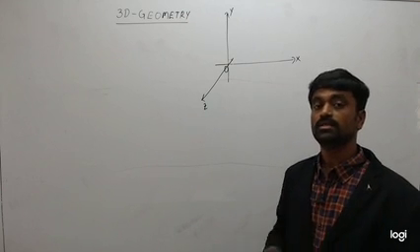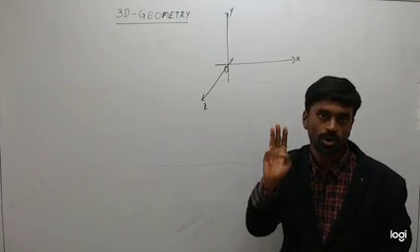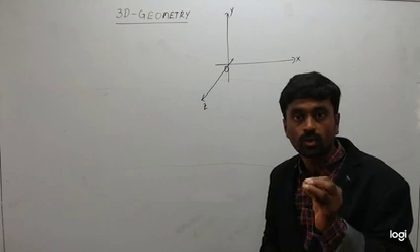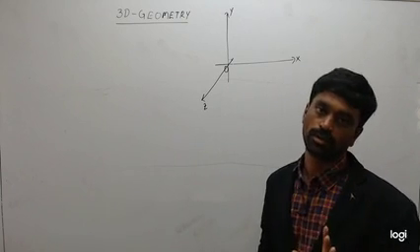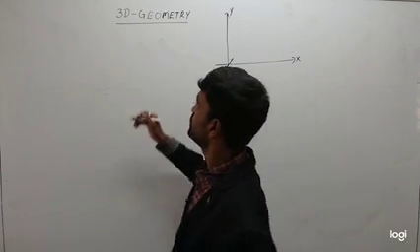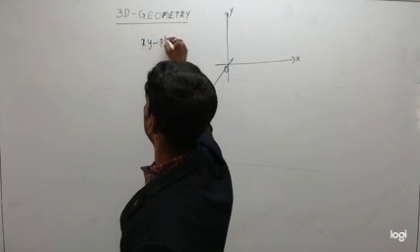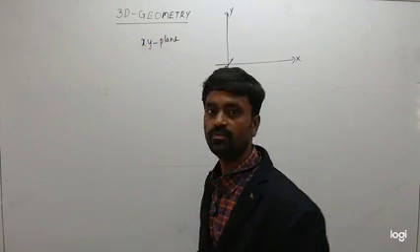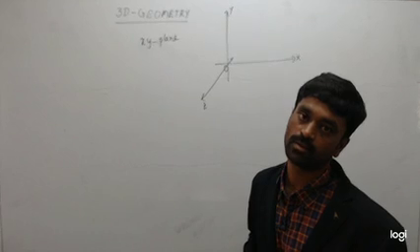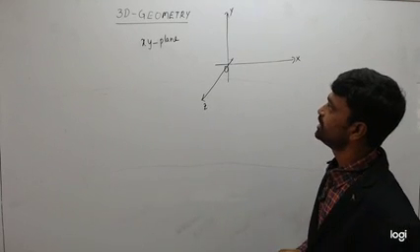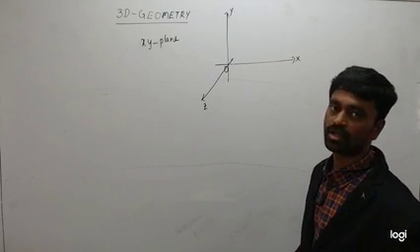These three lines form three coordinate planes, and those coordinate planes are mutually perpendicular. And what are those three mutually perpendicular coordinate planes? XY plane, that means the plane which is passing through the x-axis and y-axis.